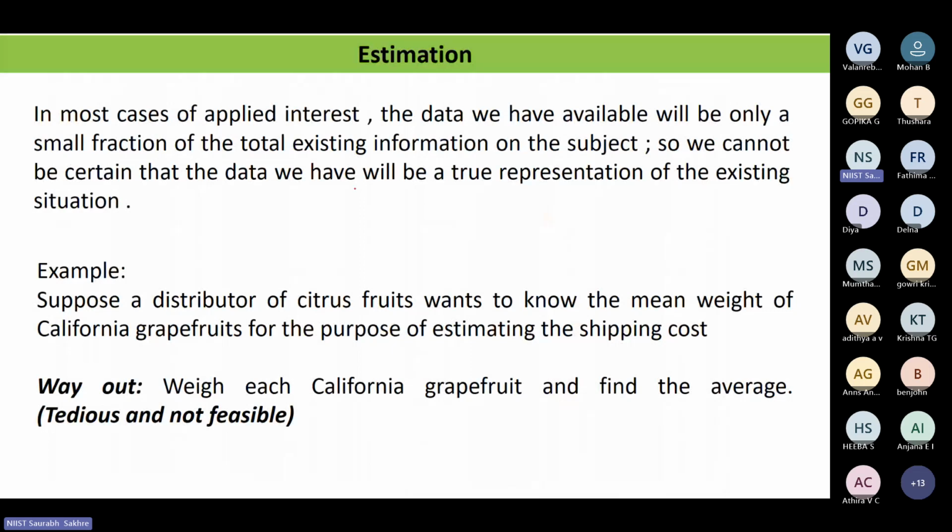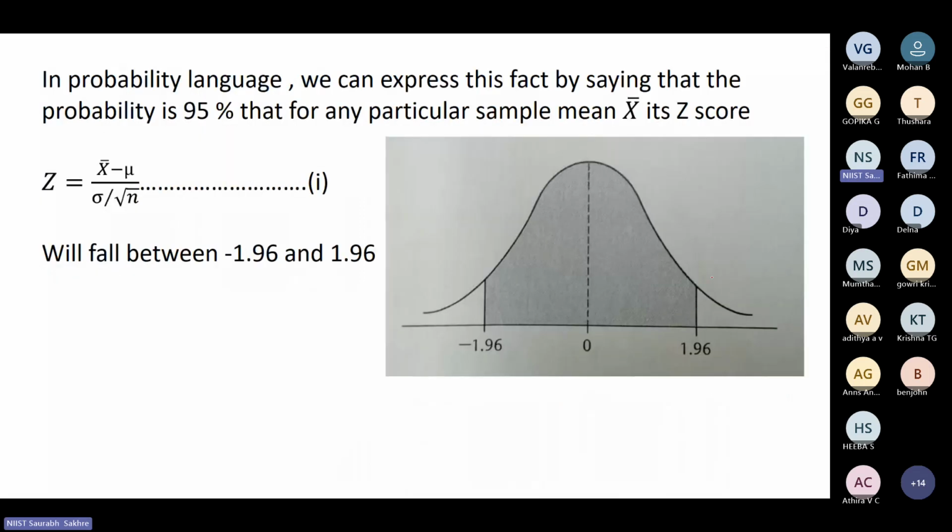So what I did, instead of taking 5% on the right side only, I left 2.5 on both. So that is alpha by 2. So this is the reason, sir, we take alpha by 2.